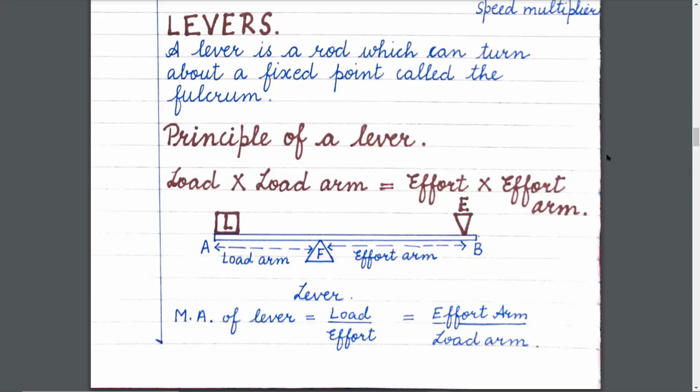If effort is applied on one point B on the lever and load is exerted on another point A, then the distance FB of effort from the fulcrum is called effort arm and distance FA is load arm.